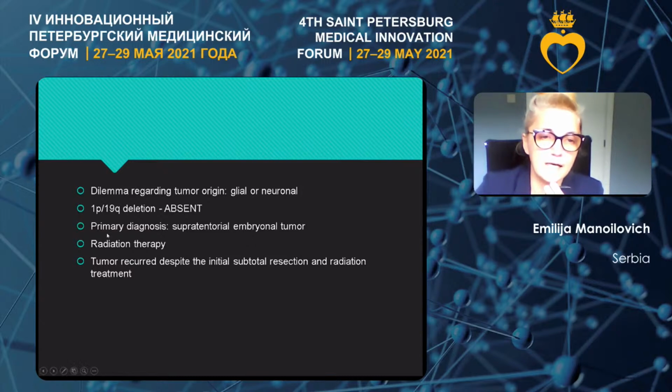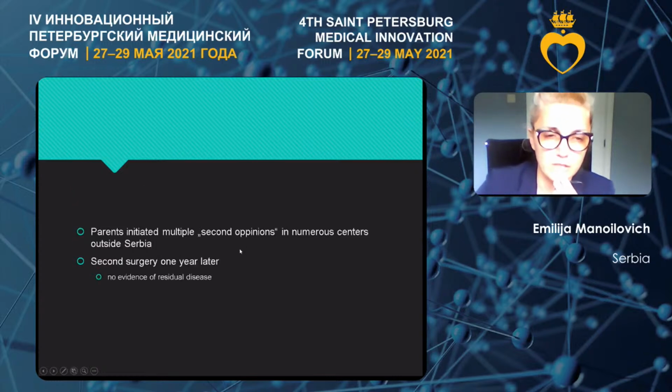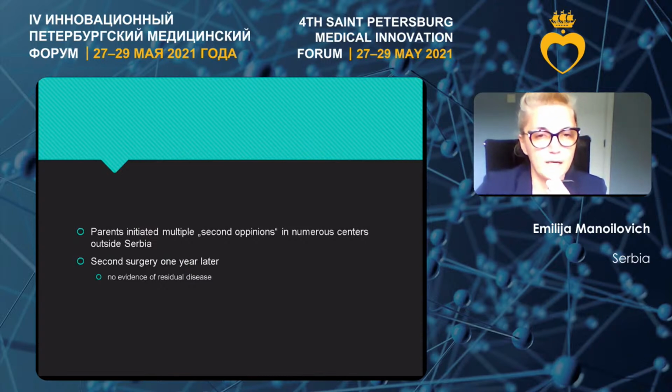So, the patient underwent radiation therapy. Unfortunately, the tumor recurred despite the initial subtotal resection and radiation treatment. On the other hand, we were very transparent with the boy's parents, and the parents knew about our dilemma regarding the origin of the tumor.